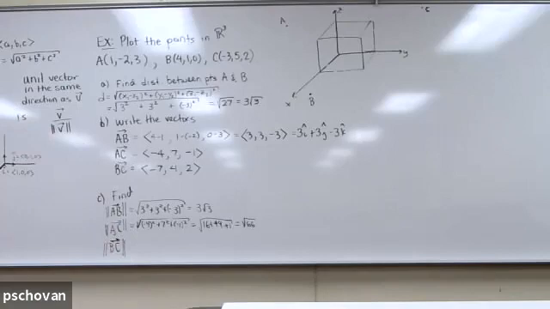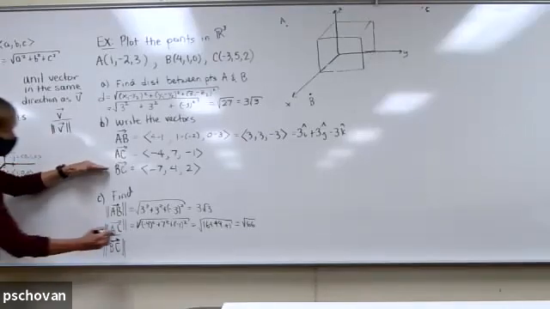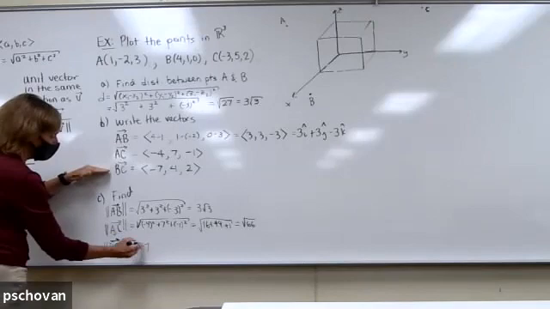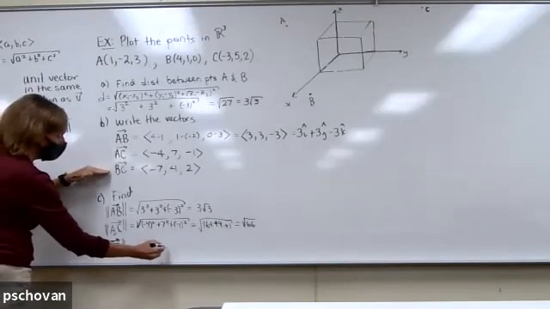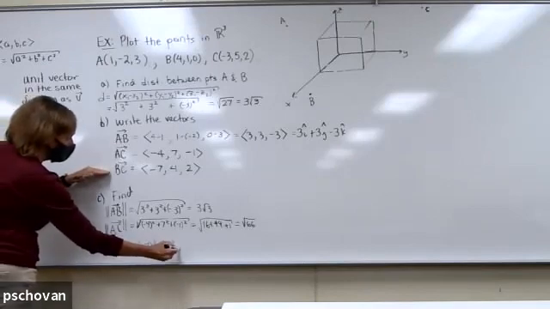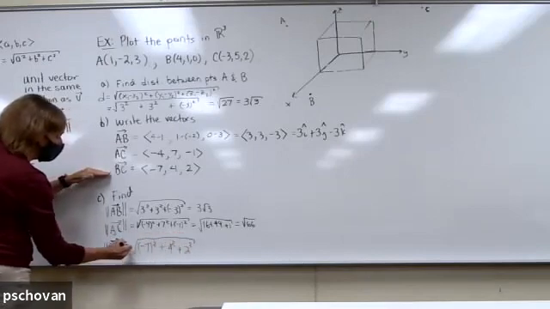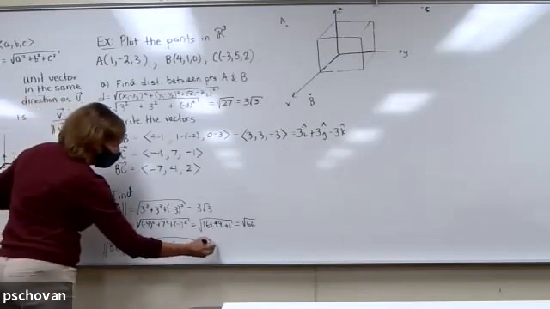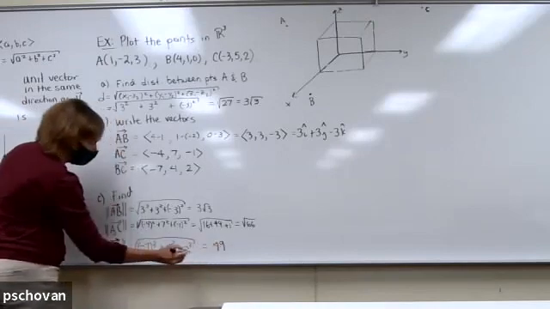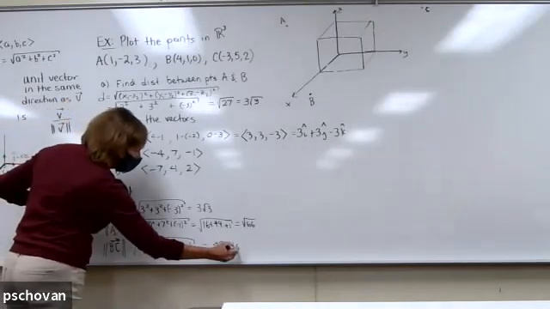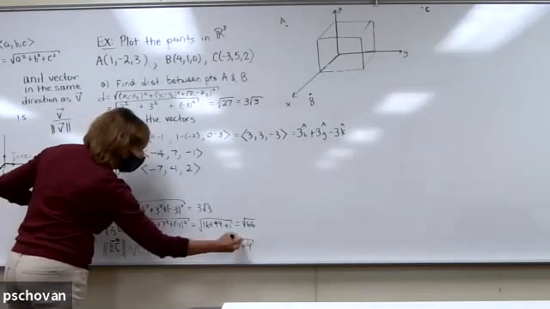All right, now for the length of BC, I have negative 7 squared plus 4 squared plus 2 squared. So 49 plus 16 plus 4.